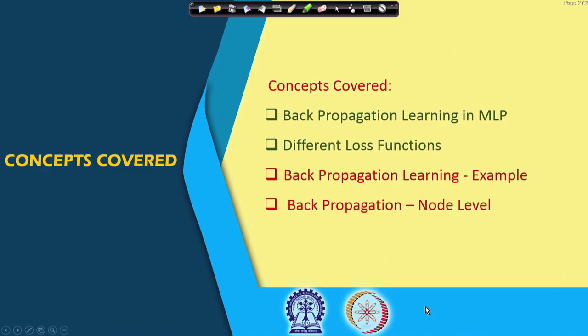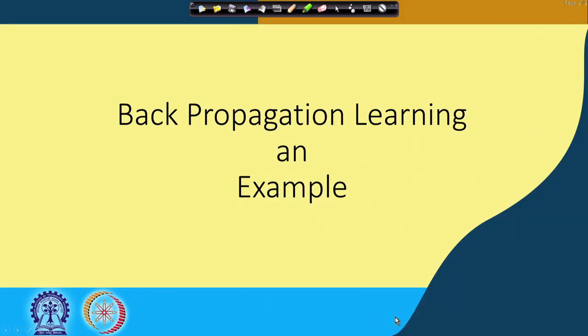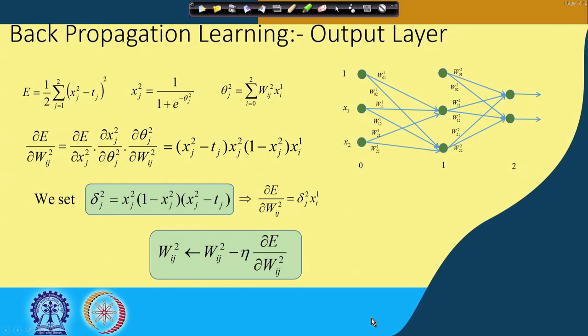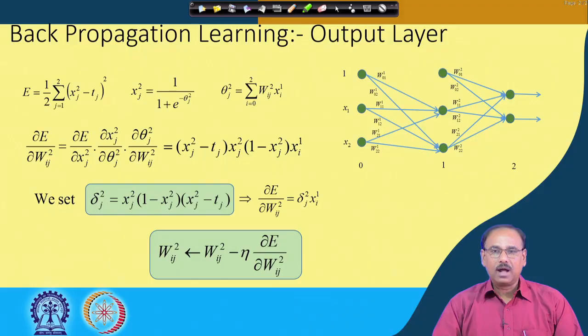The point till which we completed was this: when you go for backpropagation of the error at the output layer, I now want to update the weight vectors connecting the nodes from the hidden layer to the output layer.